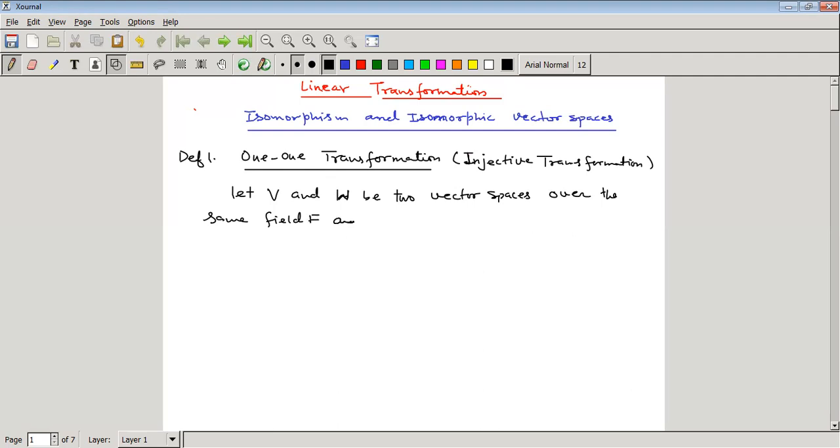And T is a mapping from V to W, be a linear transformation.